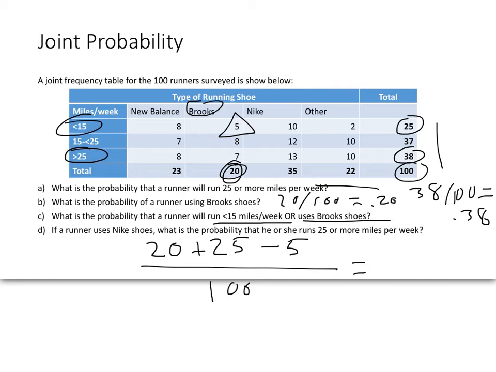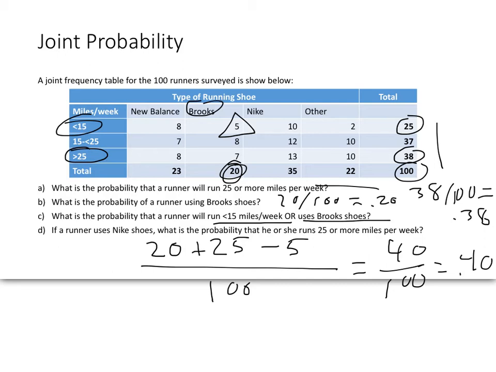So we would have 40 over 100, or a 40% chance that a runner will run less than 15 miles a week or use Brookes shoes. So that's the couple of things on the probability rules. We're adding when we've got an or, and when you've got a joint probability table like this, you have to subtract out any overlap where they're both less than 15 and Brookes shoes, or otherwise we'd be double counting, or over counting, maybe not double, but over counting.